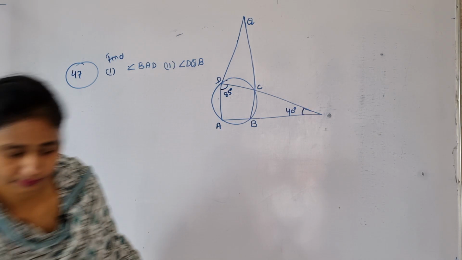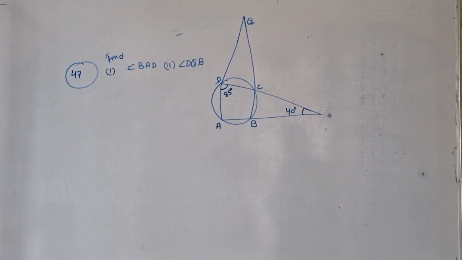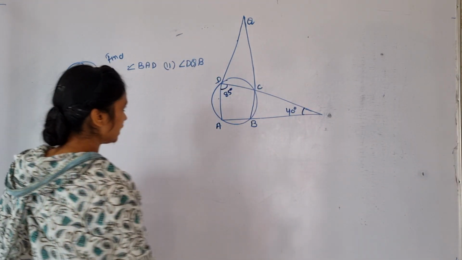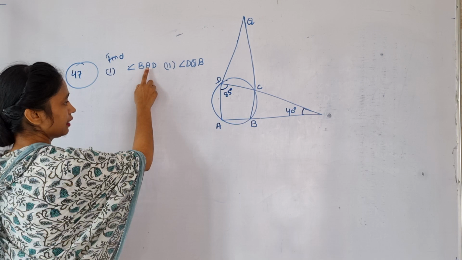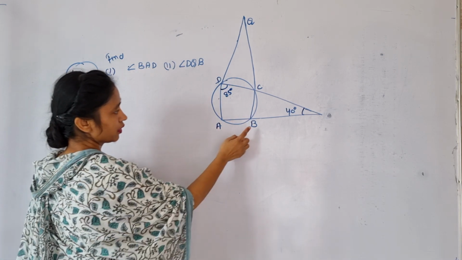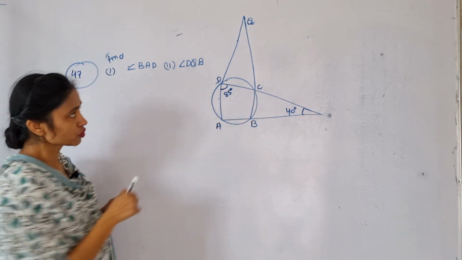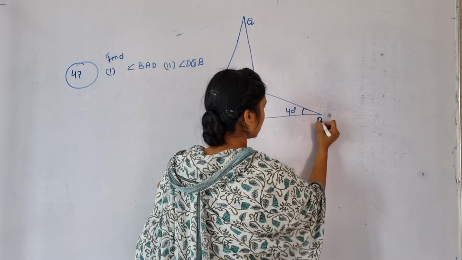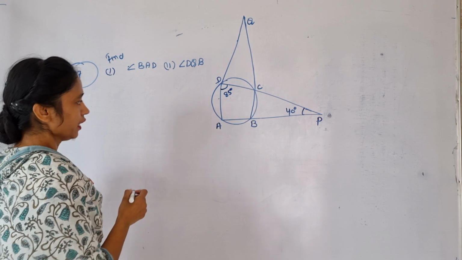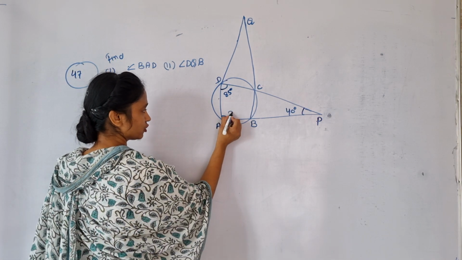Wait. Yes. Okay. So BAD. The other point, I think, is given as P. This is P. Okay, the first angle we need to calculate is this angle.